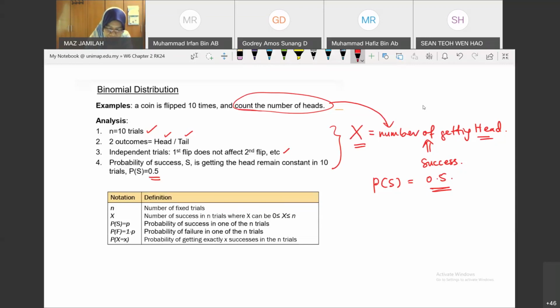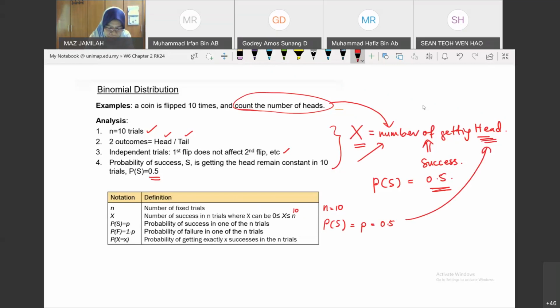In this case, your n is equal to 10. X is the number of successes in n trials, where X can be from 0 until, in this case, 10. So your X will be the number of getting hits. Probability of S is equal to P, whereby P is identified as 0.5 of getting the hit.